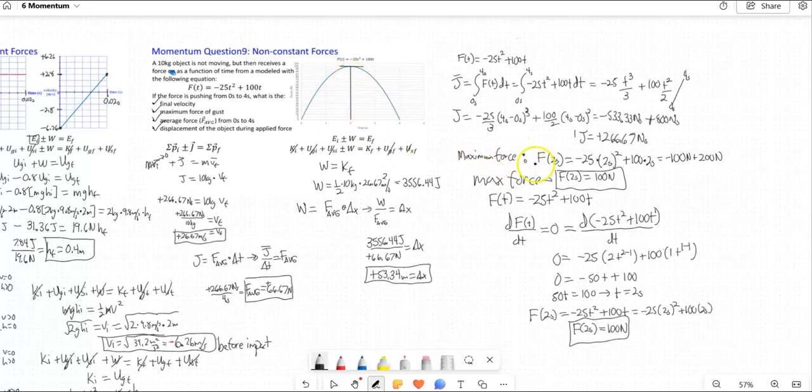But if you don't know where its maximum is, you have to take the differential and set it equal to 0 to find the maximum slope, because that's where it's reached its maximum. And that'll tell you the time at which it reaches that maximum. Then plug that time back into your original function, and that tells you the maximum force of the gust. Okay? All right.